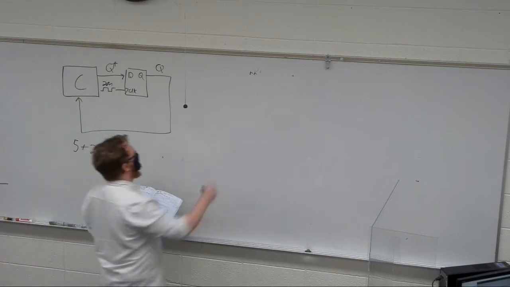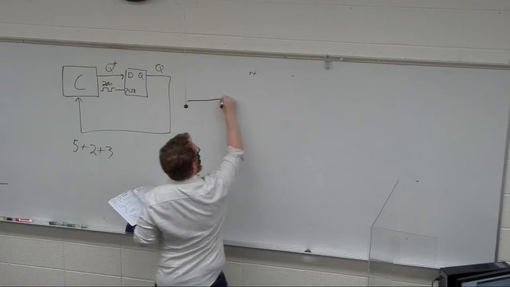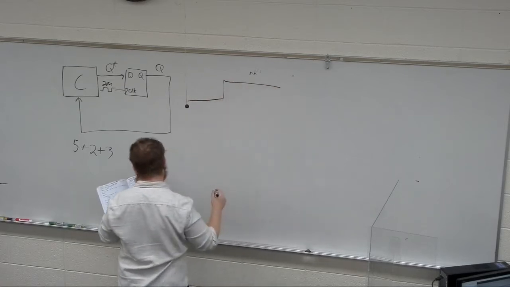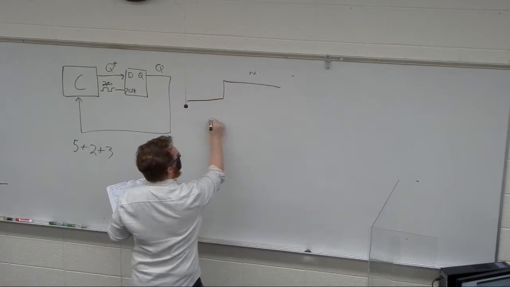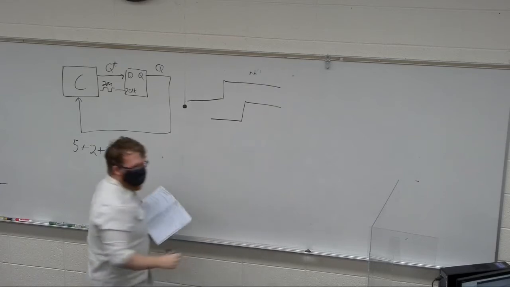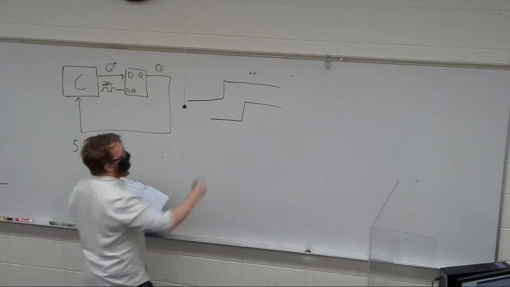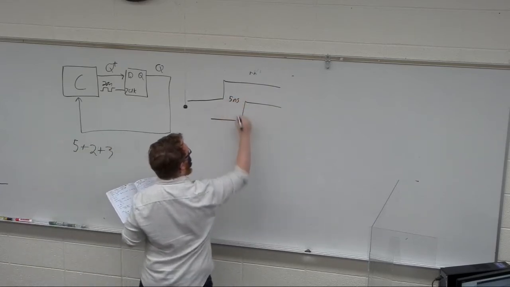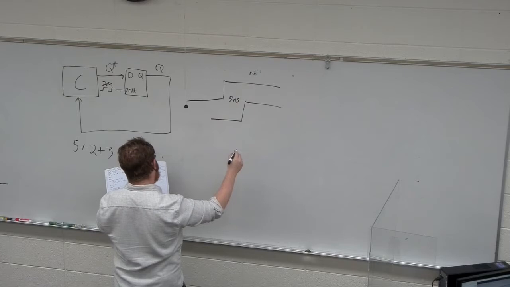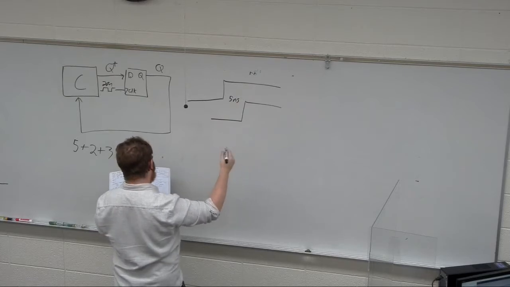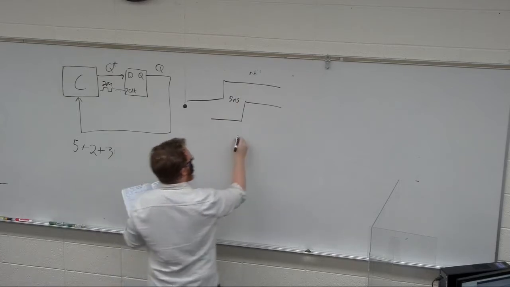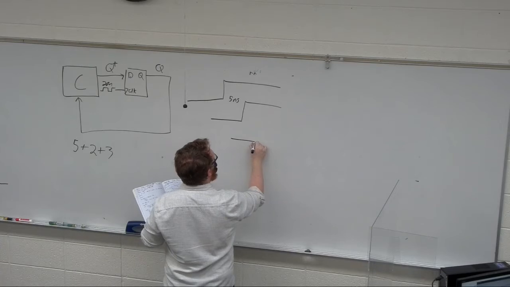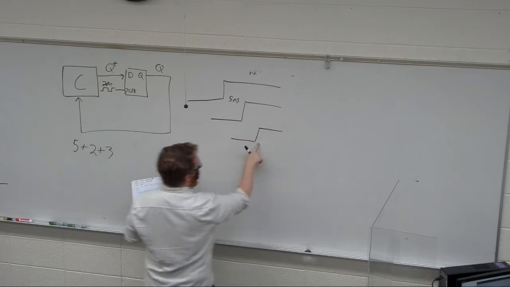But let's think about this, right? So I'm coming along and I clock something in. There's going to be some clock to Q delay, right? That's 5. Then there's going to be some required setup time, right? Before I can clock this in.